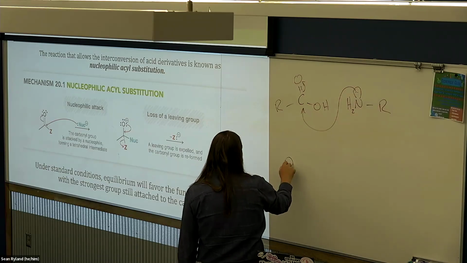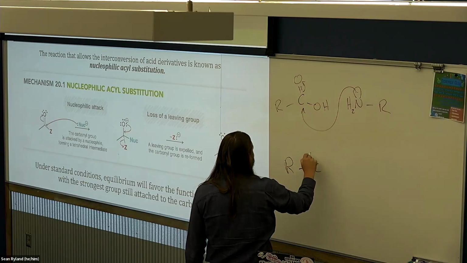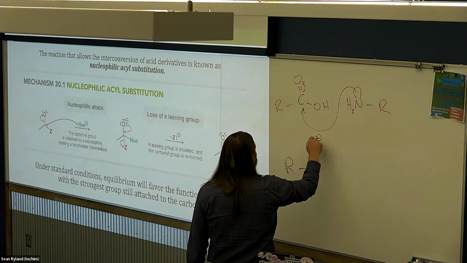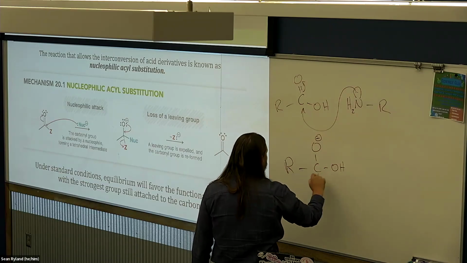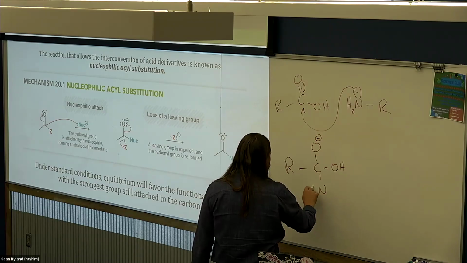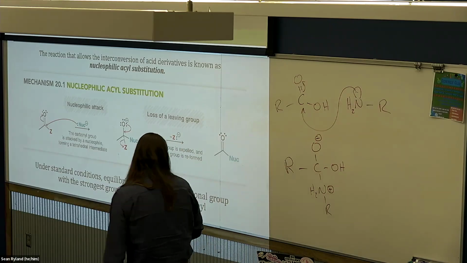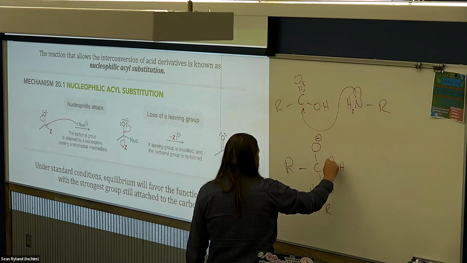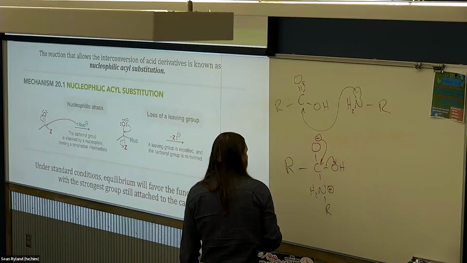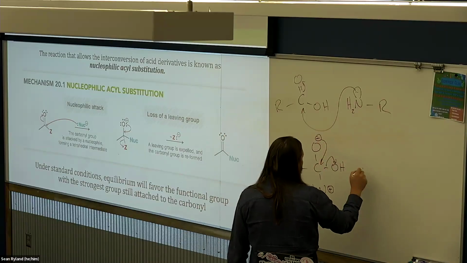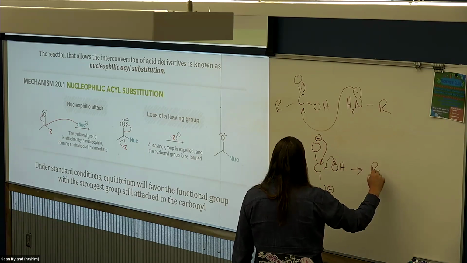It's called the tetrahedral intermediate. There's some proton transfer steps that have to happen, but the net result is that those get kicked off and you make an amide.